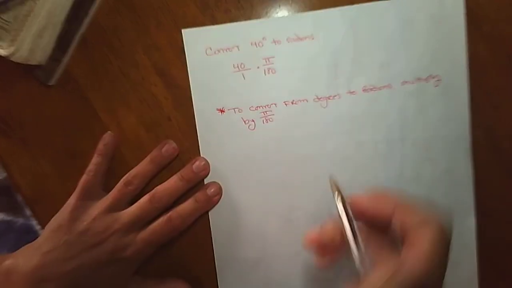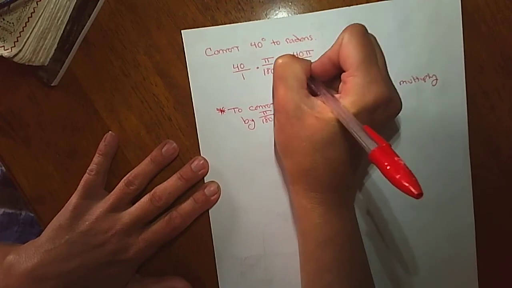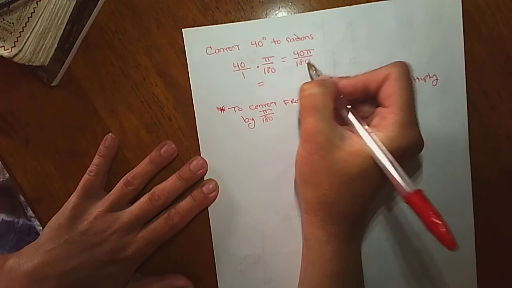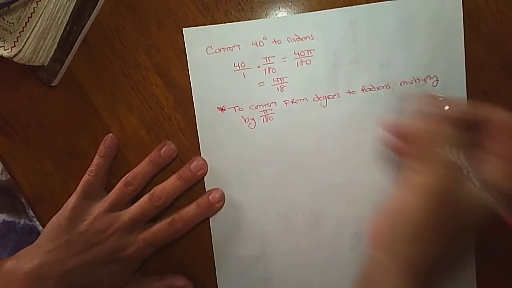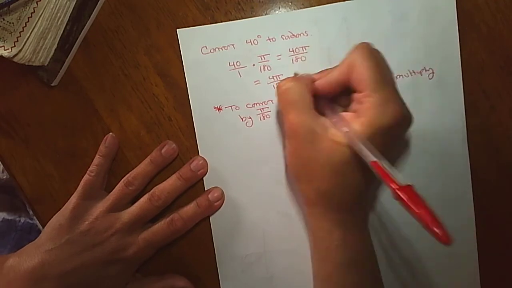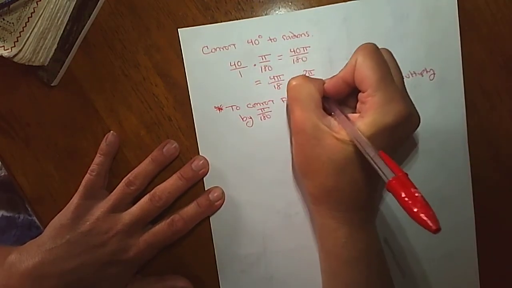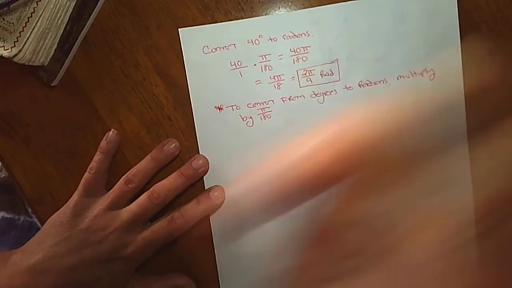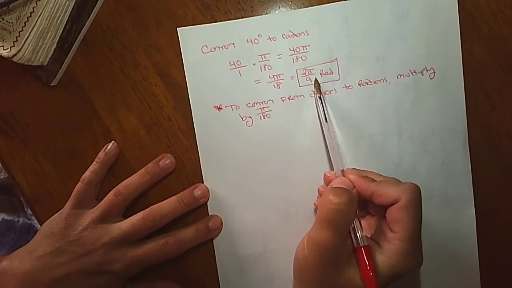All right, so what that does now is that makes 40 pi over 180. Okay. The zeros will cancel, so I get 4 pi over 18. And then what do 4 and 18 have in common? I hope you're thinking 2. So this becomes 2 pi over 9 rad. And there you go. So that's how you convert degrees to radians.